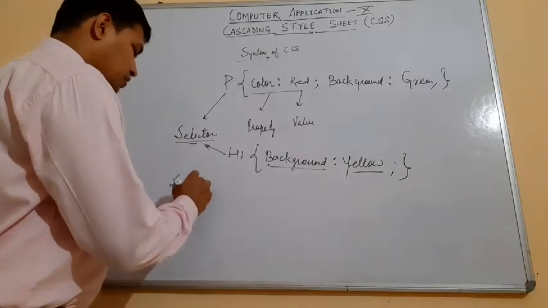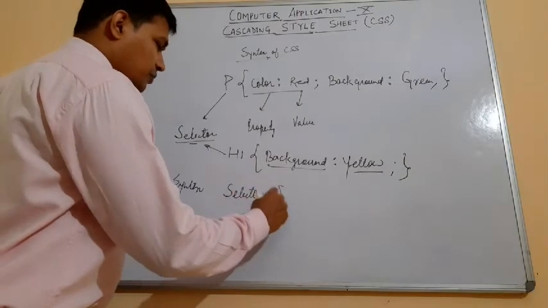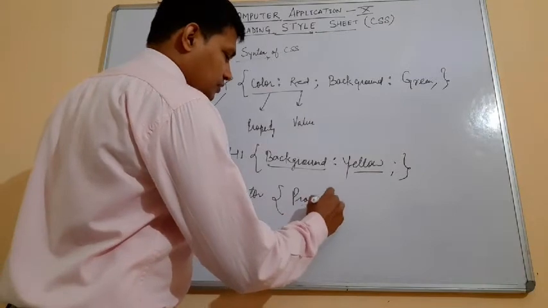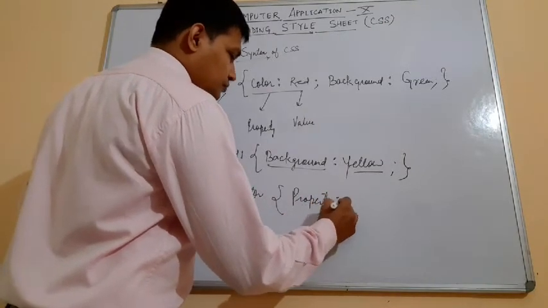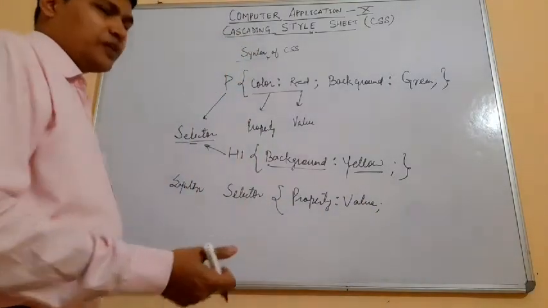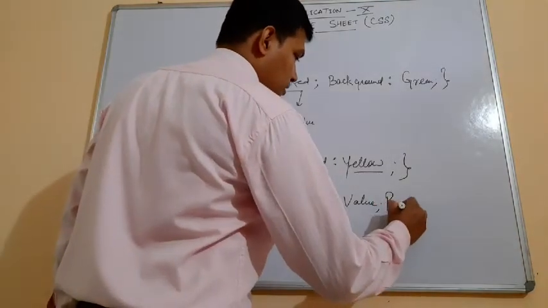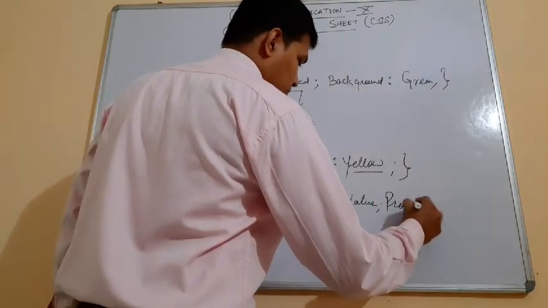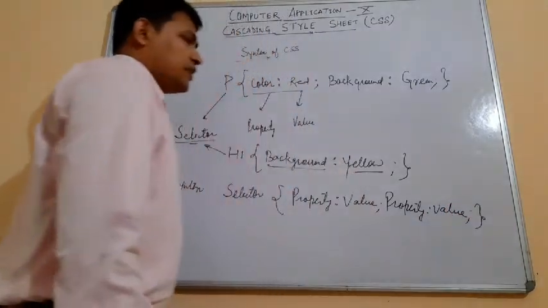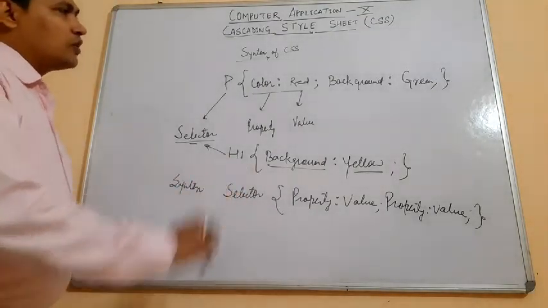First, define the selector, then open a curly bracket, then define property colon value. To separate one property and value from another property, you have to use a semicolon. Then again you define a new property. Where you use this semicolon, that means the previous property is over.